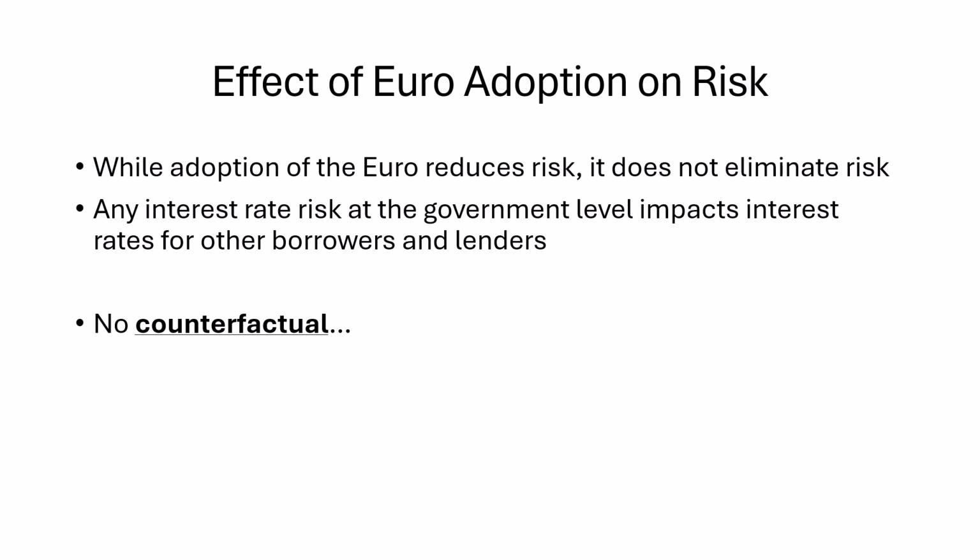But it's probably different on a country by country basis. Germany, which is probably the most economically stable country within the Eurozone, certainly among those that are very economically important on the global scale, right? Germany probably didn't have that major an impact on risk compared to a country like Estonia, which has generally higher levels of risk.